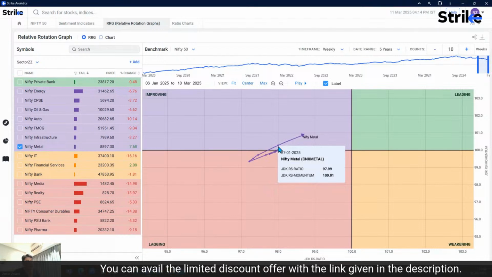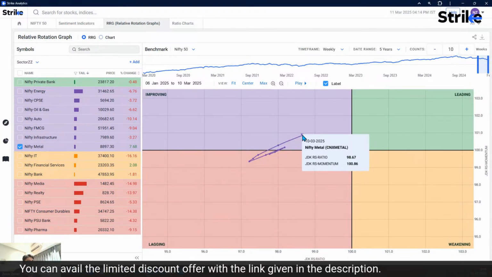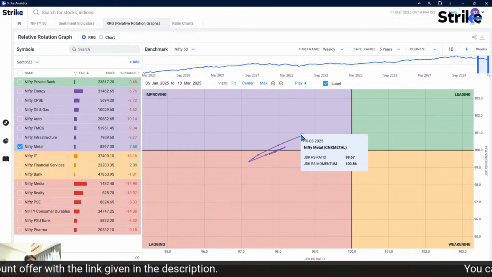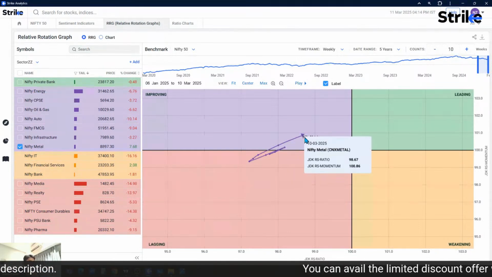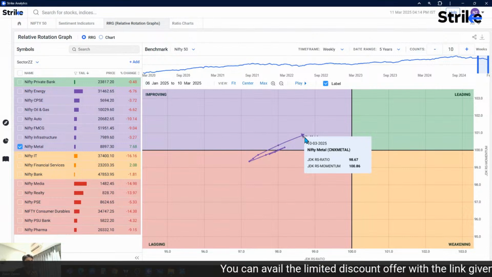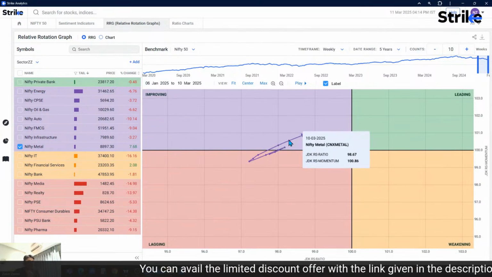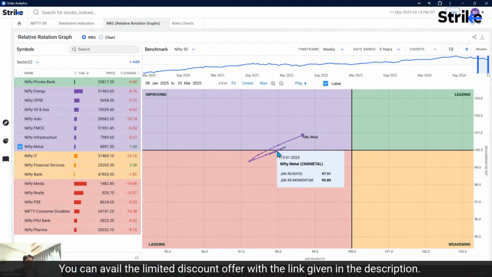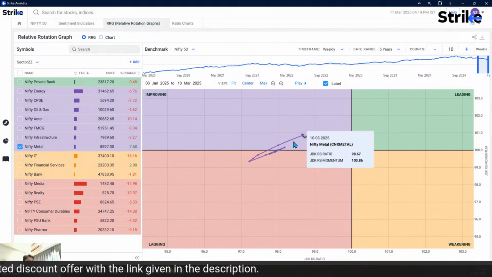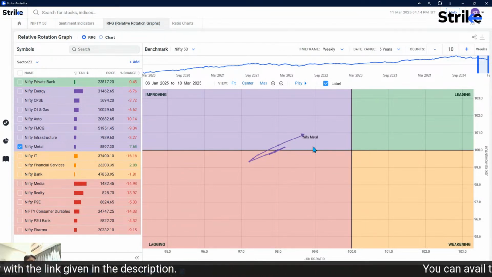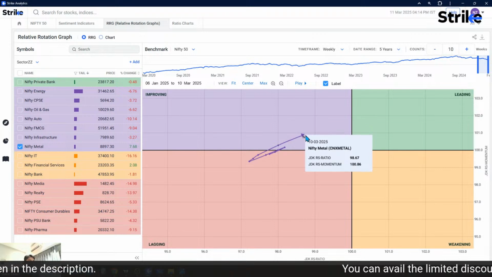The momentum was 100.01 and it is right now 100.86. So it has gained a little bit of momentum, and the ratio from 97.99 has gone up to 98.67. So a little bit of momentum and relative strength it has gained. All right, on the weekly time frame chart, so it is on a positive side. This is something that we can look at.